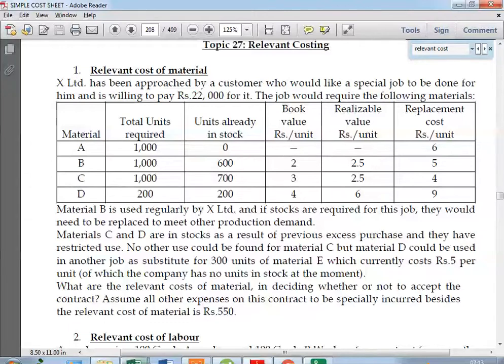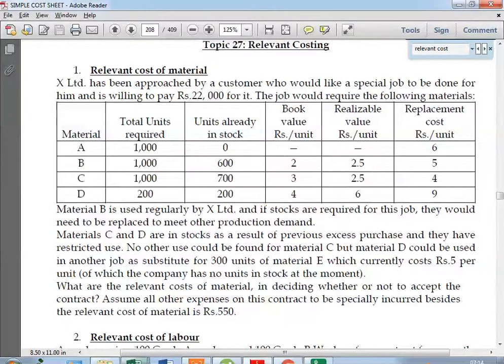Below that, after A and B, in continuation of the same point: the company would like to save 1500 with material D. It will lose this opportunity if the same is used for the special job.